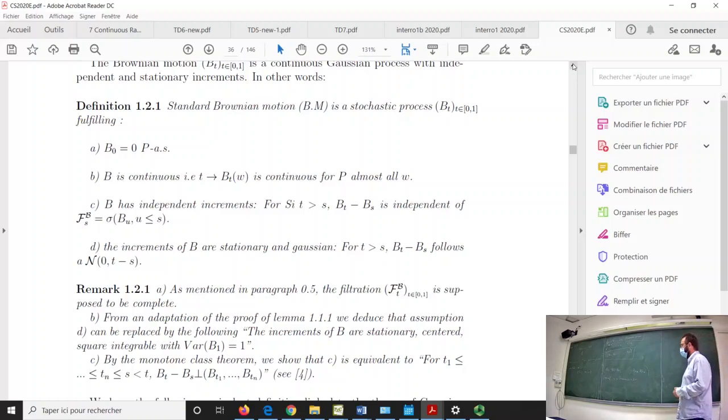So I have this one, that is a Gaussian vector. And I want this one to be a Gaussian vector. This one is obtained easily, and now I want to prove that this one is also a Gaussian vector. So do you have an idea how to transform this one into this one, in fact? I know that the definition of being a Gaussian vector means that any linear combination of my components is a Gaussian random variable.